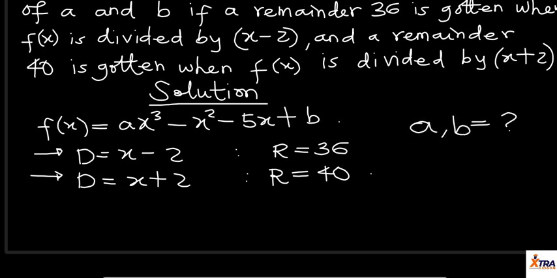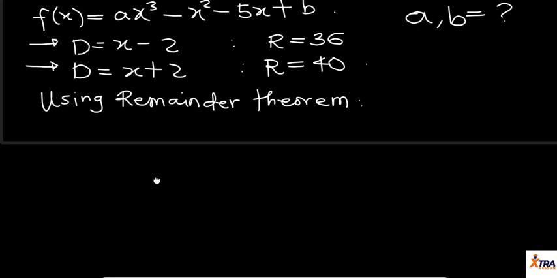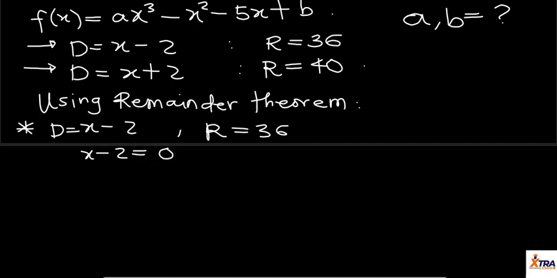So first of all, using the remainder theorem, for the first case, d is x minus 2 and the remainder is 36. I can easily equate x minus 2 to 0, where I now have x to be 2, and then I substitute it into the polynomial f of x.